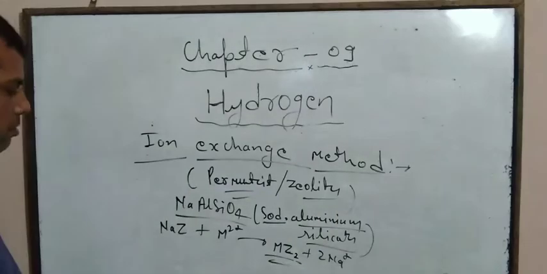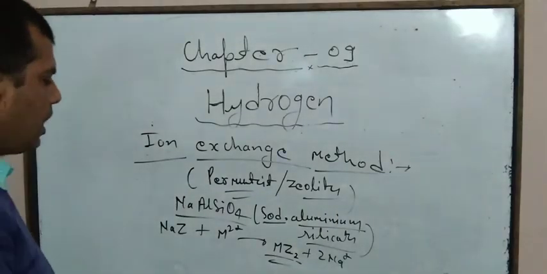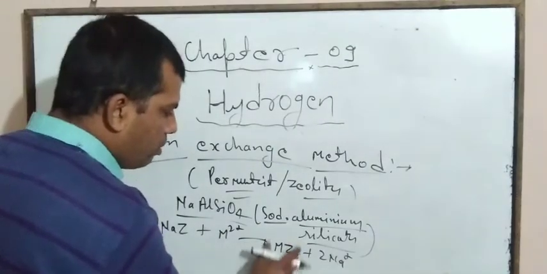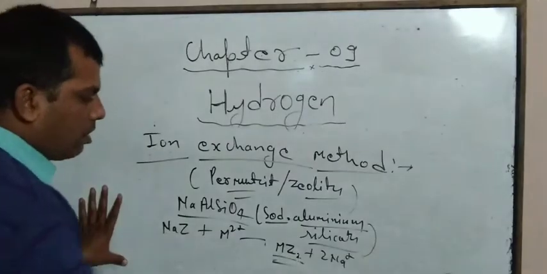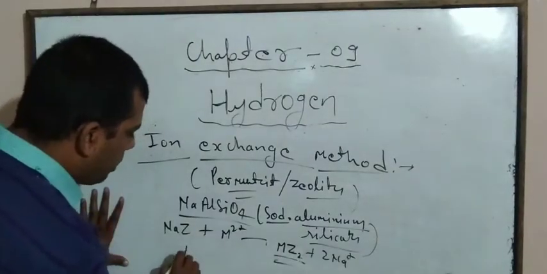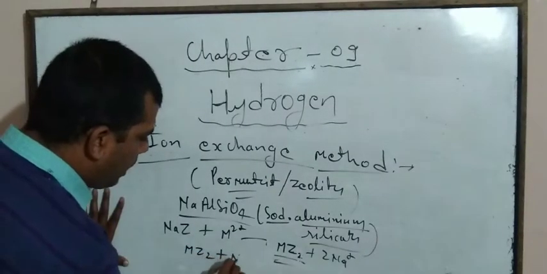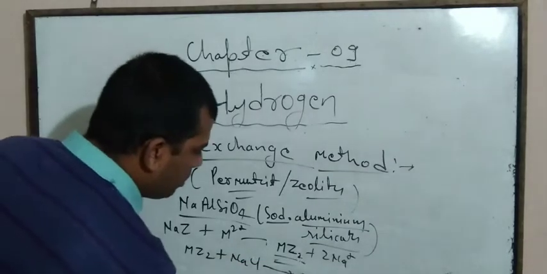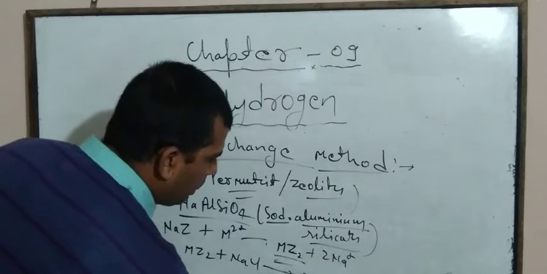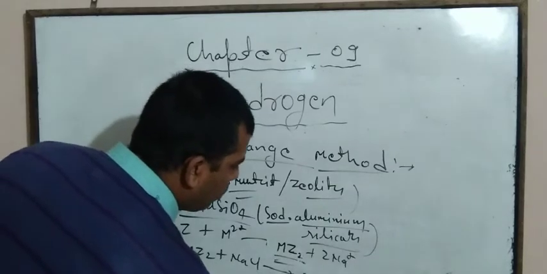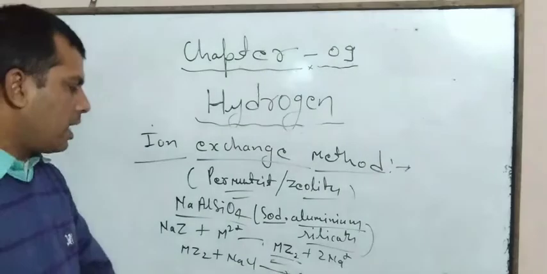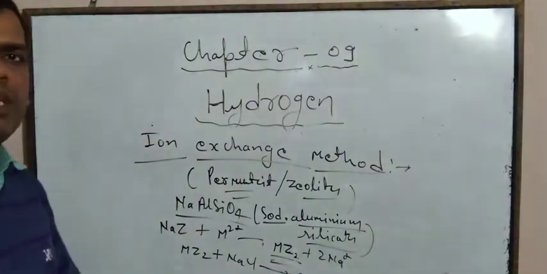Now, if you want to regenerate NaZ, the zeolite, then this MZ2 compound reacts with NaCl to form NaZ plus MCl2. So in this way zeolite can be regenerated.